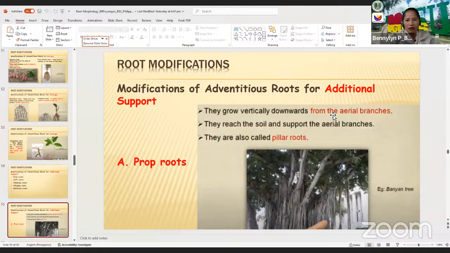They grow vertically downwards from the aerial branches and they reach the soil and support the aerial branches. They are also termed as the pillar roots. I don't know if this type of tree is present in your country. So the prop roots, termed as the pillar roots, are for additional support of the plant.